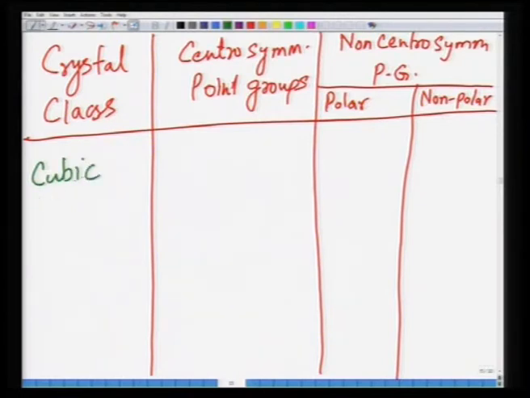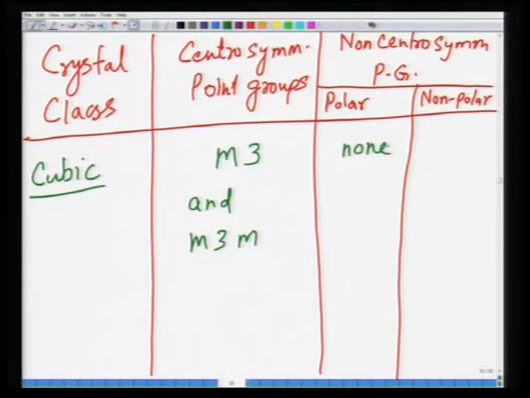For cubic system the centrosymmetric point groups are m3 and m3m, and for polar it is none. There is nothing in the cubic class which is polar and non-centrosymmetric. However, there are a few which are non-polar: 432, bar 43m and 23.